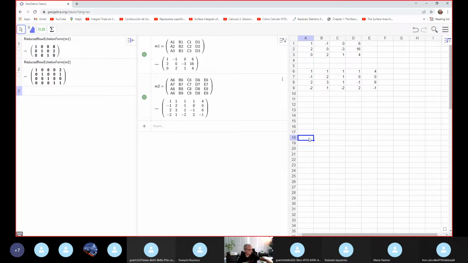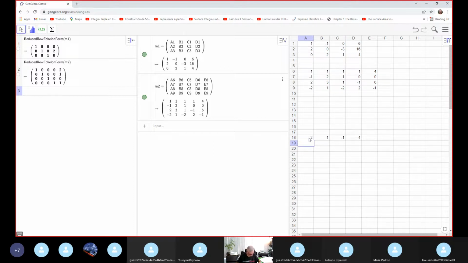So now I take my keyboard and type 2, tab, 1, tab, -1, press the tab key, and 4. Now enter, I change the line.